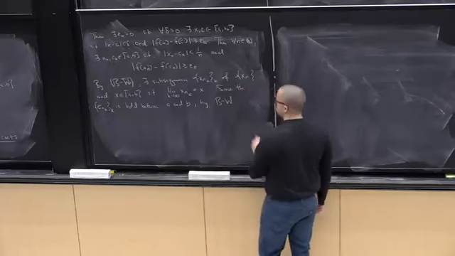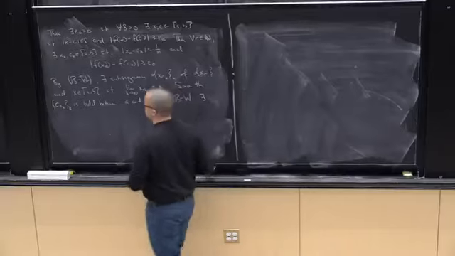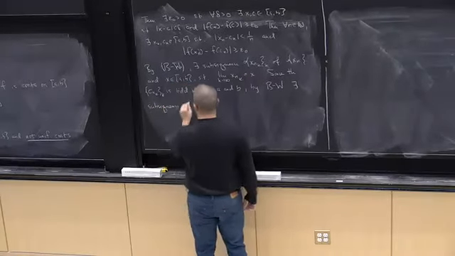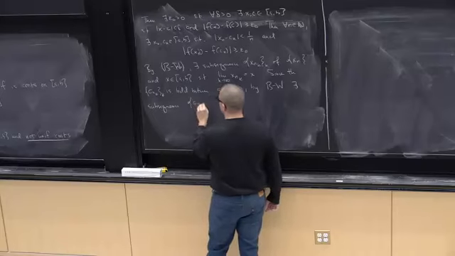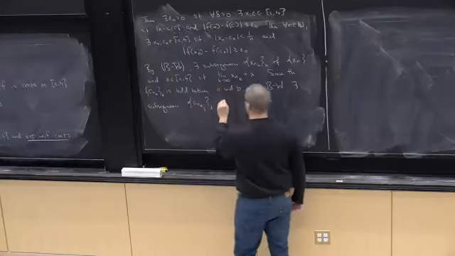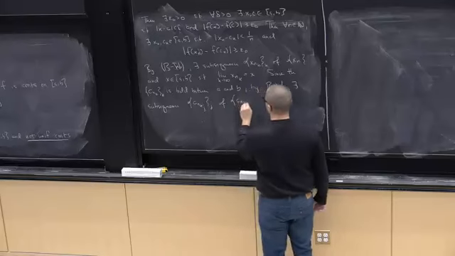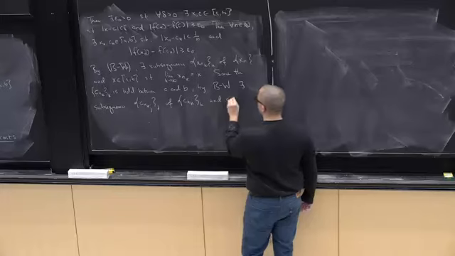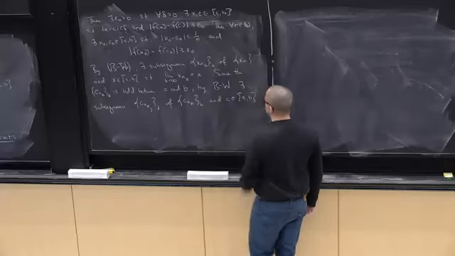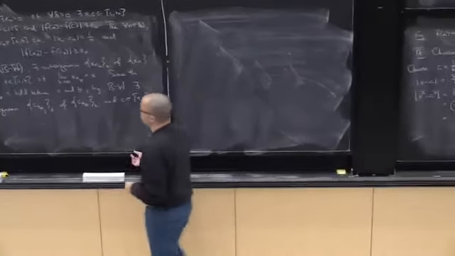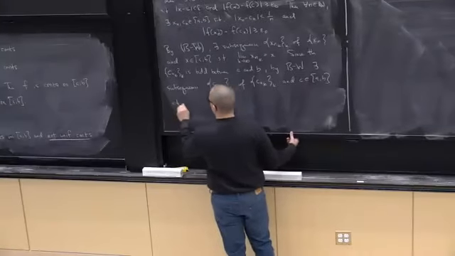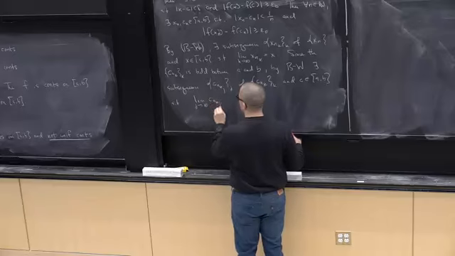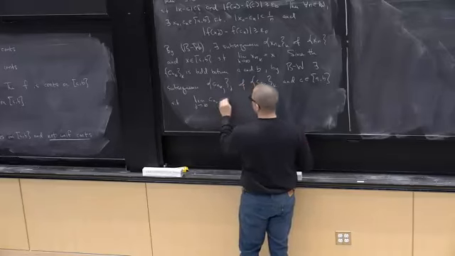So by Bolzano-Weierstrass applied now to this subsequence, there exists a subsequence c_{n_{k_j}} of c_{n_k}, and an element c in [a,b] such that the limit as j goes to infinity of c_{n_{k_j}} equals c.